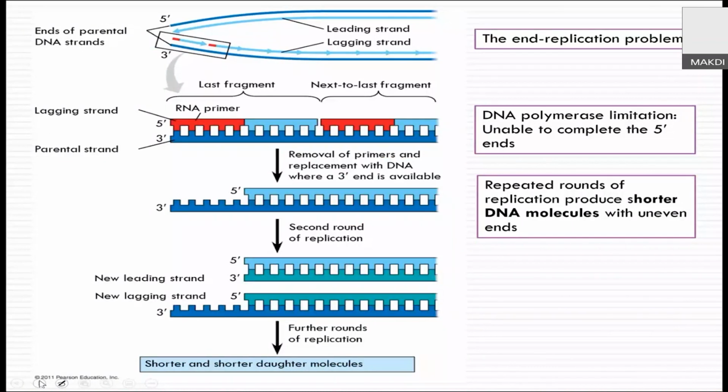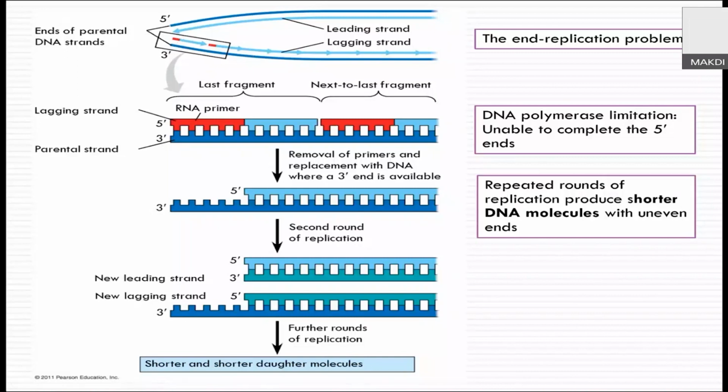Okay, the DNA replication model has two problems: the end replication problem and proofreading. The end replication problem is because of the lagging strand.